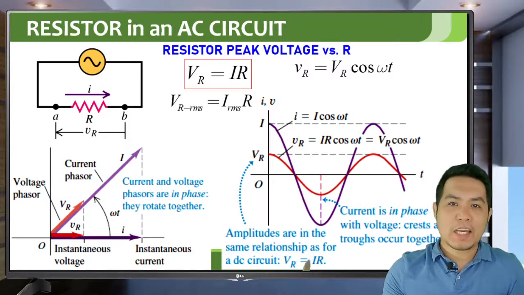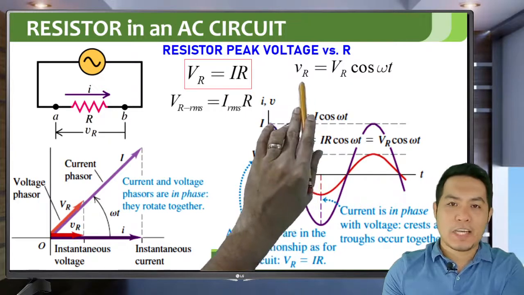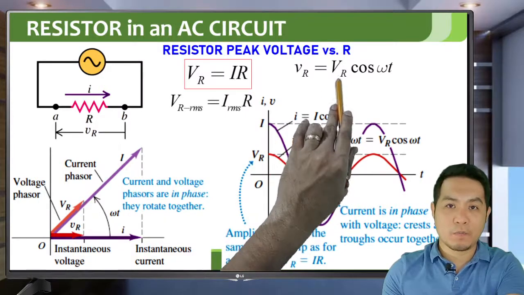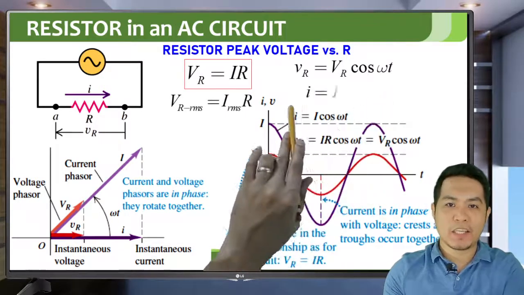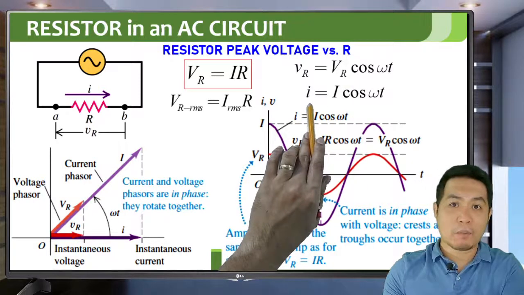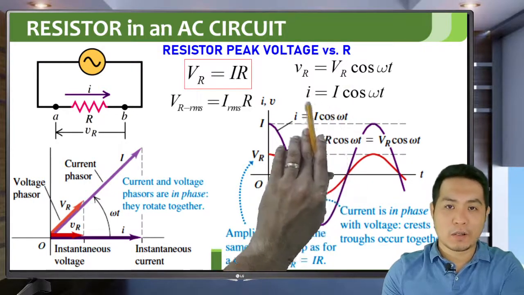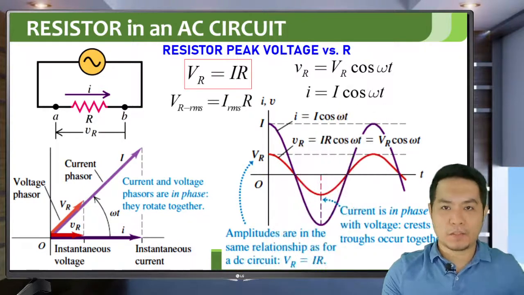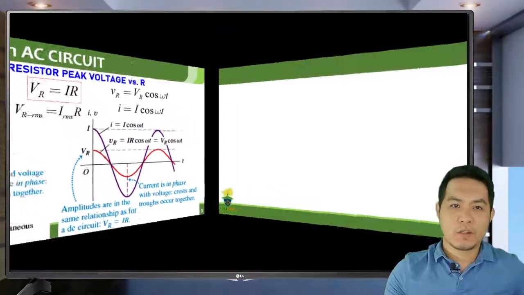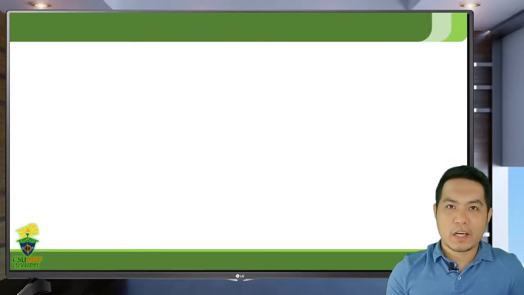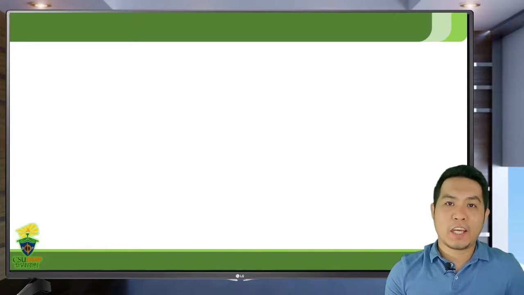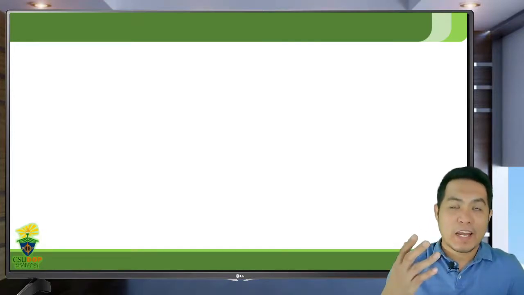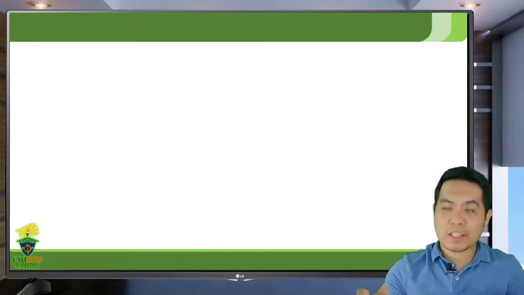In this case, our instantaneous voltage is the voltage amplitude times cosine omega t, and the instantaneous current is the current amplitude times cosine omega t. So we say that the voltage and the current are in phase. They go to maximum and minimum at the same time, and they go to zero at the same time.